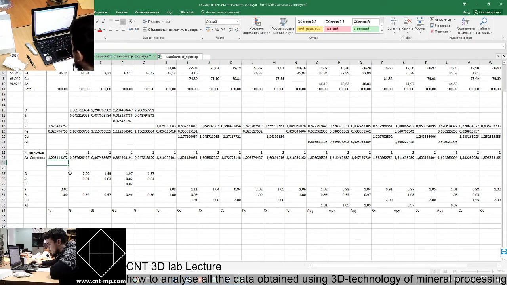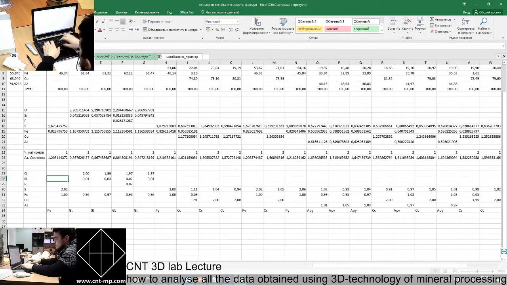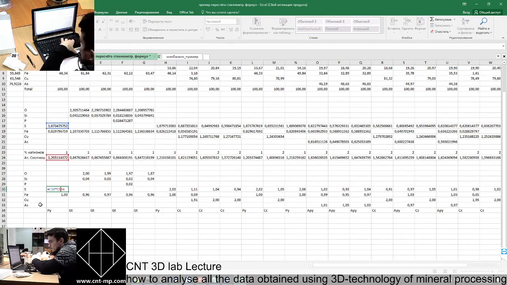After that, we take our coefficient for every element and multiply it by the atomic ratio.